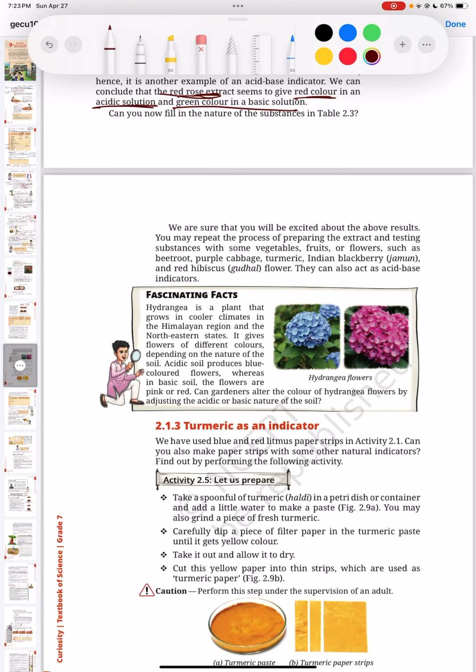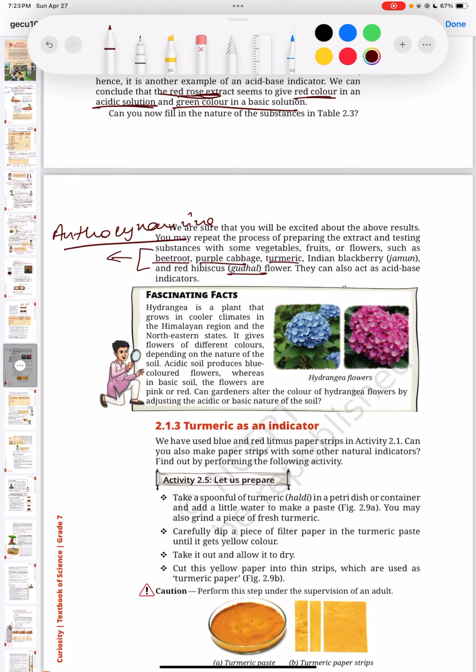And interestingly, things like, for example, beetroot, purple cabbage, turmeric, jamun, and gudhal flower can also act as acid base indicators. It turns out that is because these things contain some chemicals called anthocyanins. So anthocyanins are the molecules that give color to all of these things.